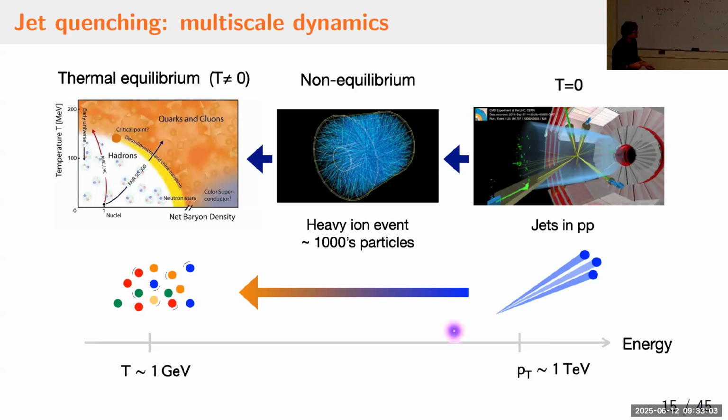As you can see, you can span really three orders of magnitude in terms of scale. So it's really rich physics. Using jets, we are able to study different regimes of high density QCD dynamics. So you go from vacuum physics, where you just observe jets that are coherent colored objects that propagate in a completely independent way.